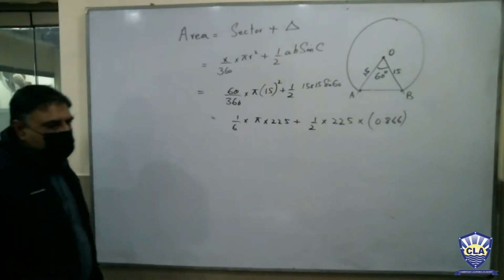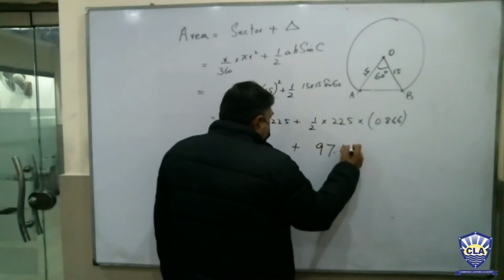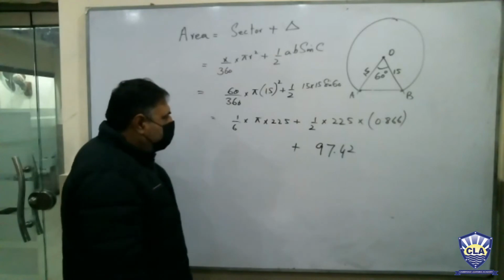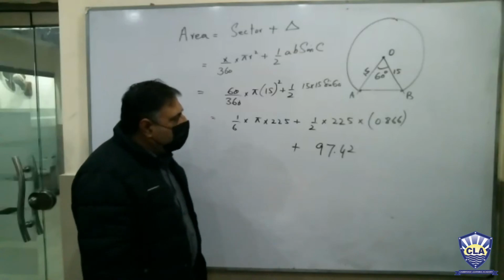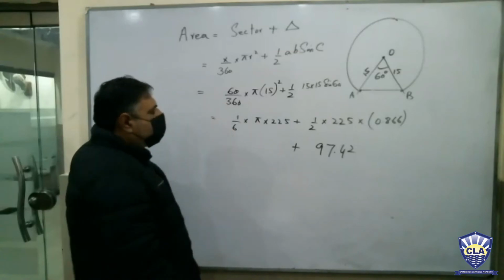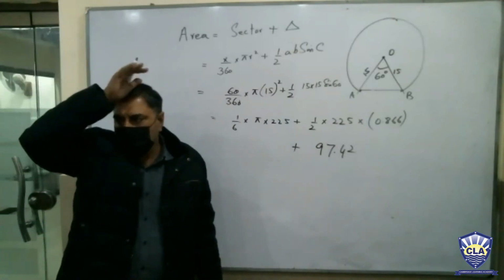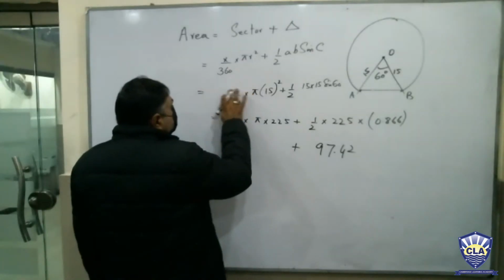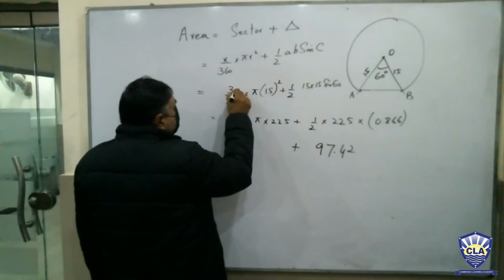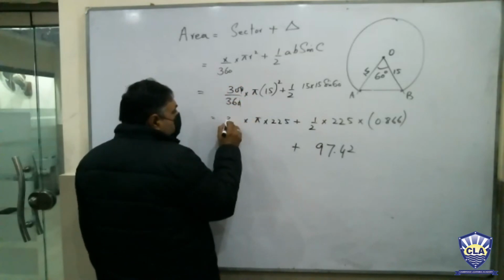So area of triangle is 97.42. And area of sector, why is x 60? Sorry, 300.